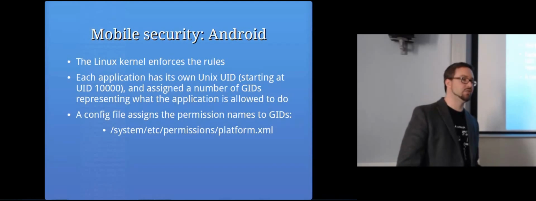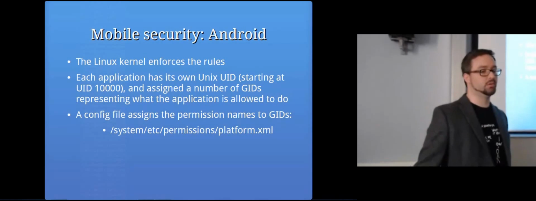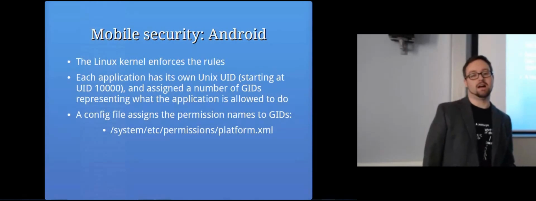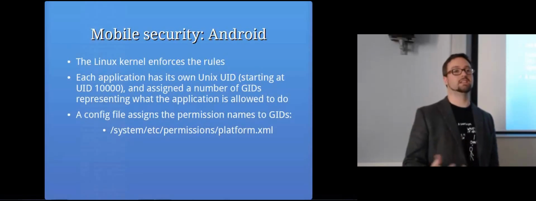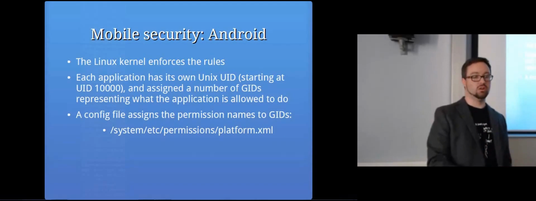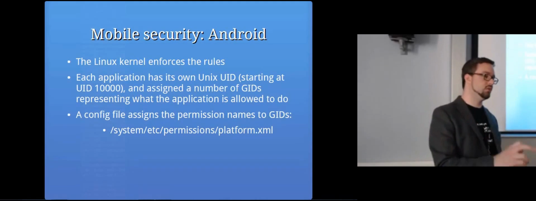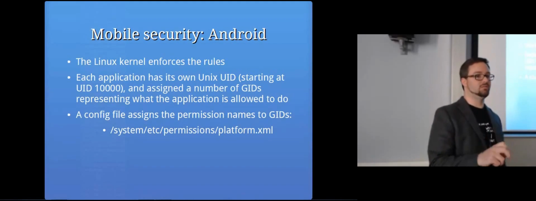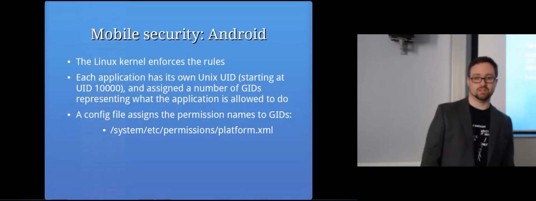Basically, because Android was originally developed to be a single user system, so we never expected two people to share the same phone, they actually overloaded the UID mechanism that's on Linux to basically be that each application installed gets its own UID. So every application that you install on Android gets a new user ID so that it specifies what it's allowed to do.